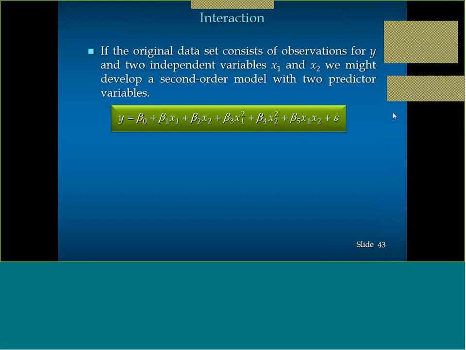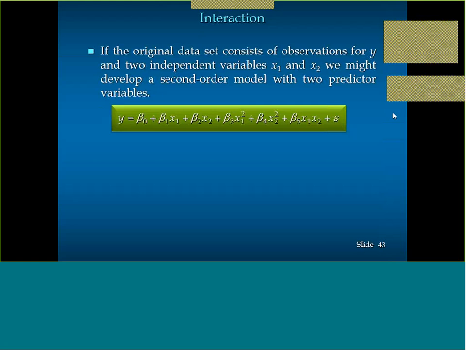Even you can complicate your second order model like this: beta naught plus beta 1 x1 plus beta 2 x2, then I'm involving x1 square and writing beta 3 x1 square, then x2 square with beta 4 x2 square, then the interaction term, beta 5 x1 x2, plus epsilon.